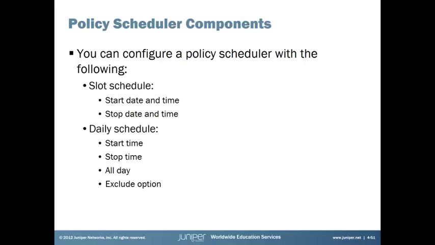So you can configure a scheduler with a start date and time and a stop date and time. You can also have a daily schedule with start time, stop time, all day, etc. You can have a scheduler which will say Monday, Tuesday, Wednesday, Thursday, Friday, and Saturday, with start times and stop times.